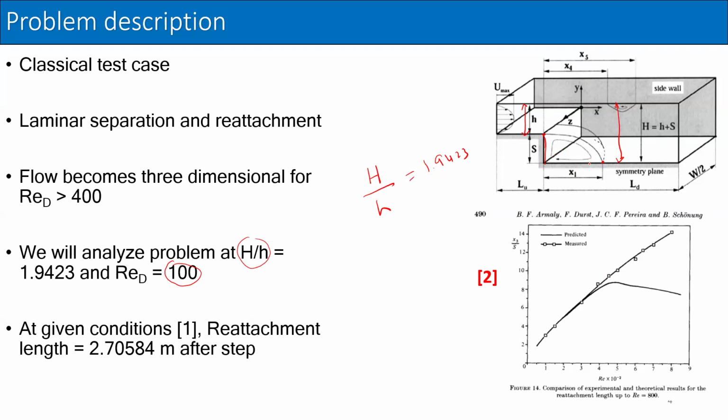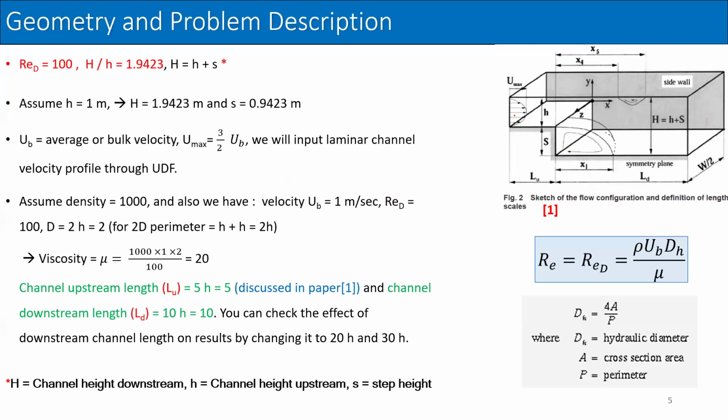So our task is to find out this reattachment length after the step. For these cases in the Biswas paper and also the original reference paper, it is equal to 2.70584 meters. So our CFD should be able to predict this value as well. Now if you analyze these things, the Reynolds number is based on diameter.